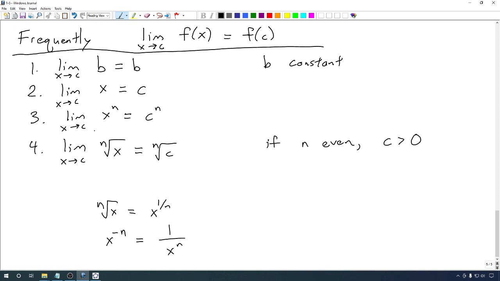Obviously, the limit as x goes to c of 1 over x, or the limit as x goes to 0 of 1 over x doesn't work, because we can't plug in 0 into 1 over x. But basically, we're just saying here that all of our powers of x work kind of the way you would expect them to work. As long as it makes sense to plug in c into those powers, then the limit of that power will also be the value of that power at c.